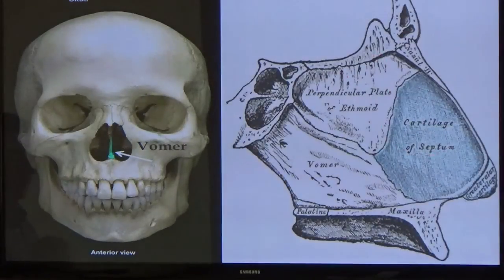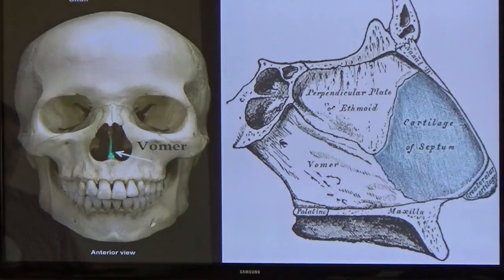If you look at the side of the nose again, you got your nasal bone, and you've got the ethmoid bone, which is the top part of what we call the septum. If you have a deviated septum, these bones are the ones that are dividing it.